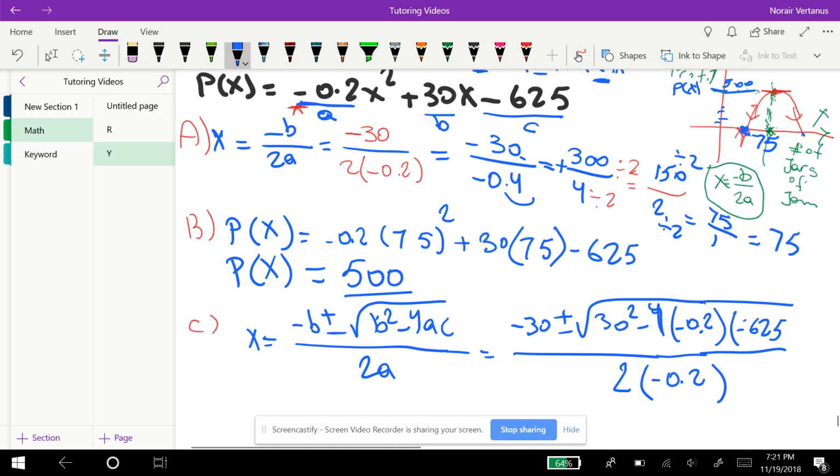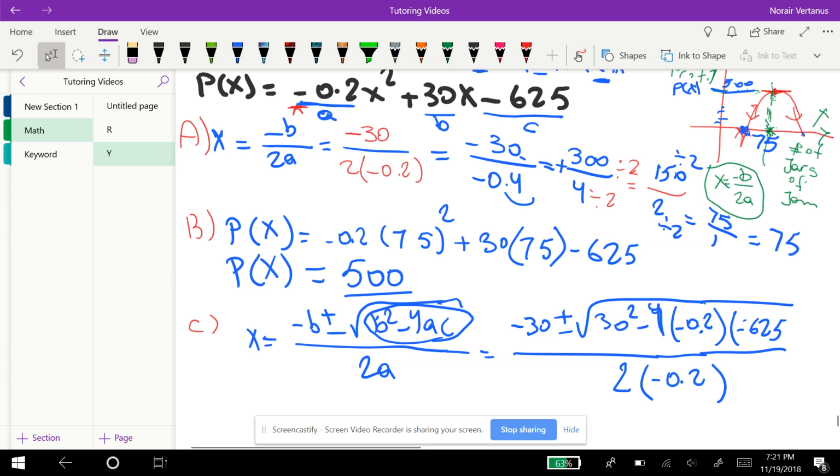Let's see what we're going to get. The thing inside this radical is called the discriminant.